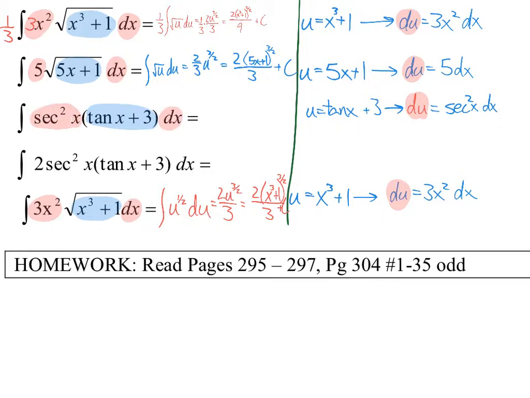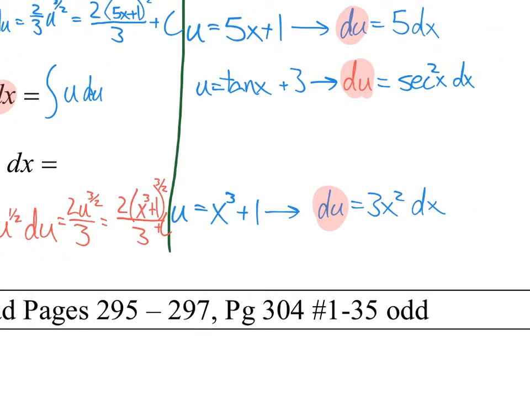So this is the integral of u du. Well, that's easy. The integral of u is u squared over 2. So what's u squared over 2? It's tan x plus 3 squared over 2. And then you have plus c.